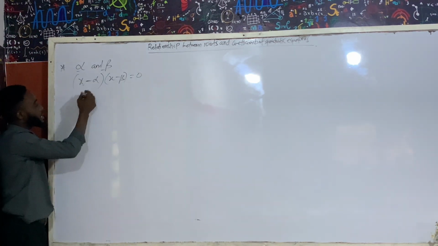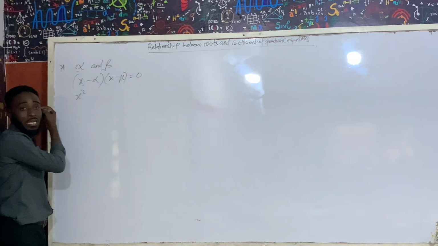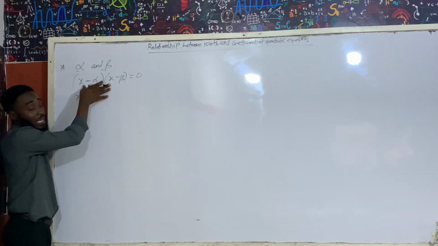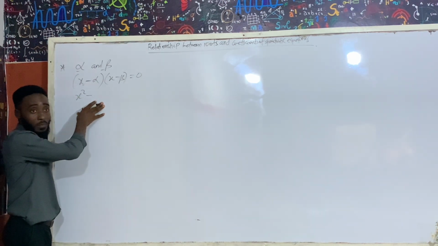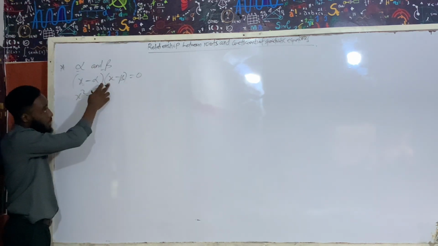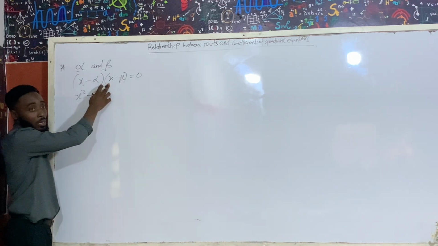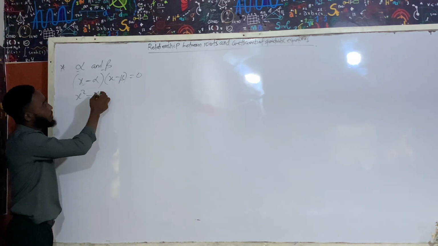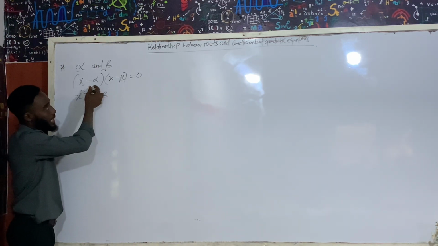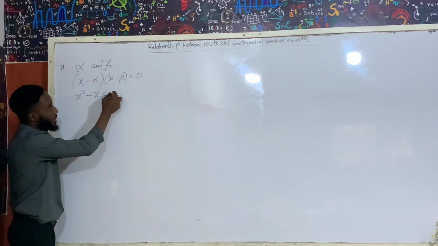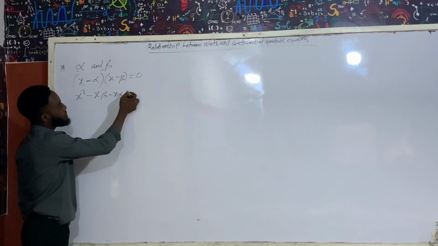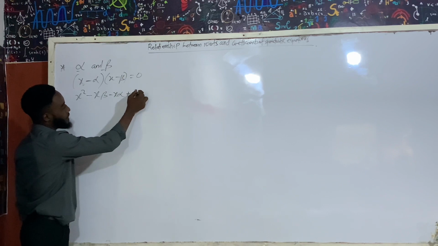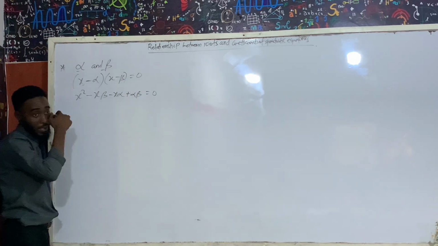If I expand this, what equation would I have? x squared minus x beta, minus x alpha, plus alpha beta equals 0, right?